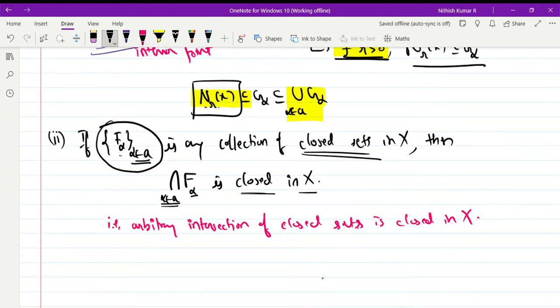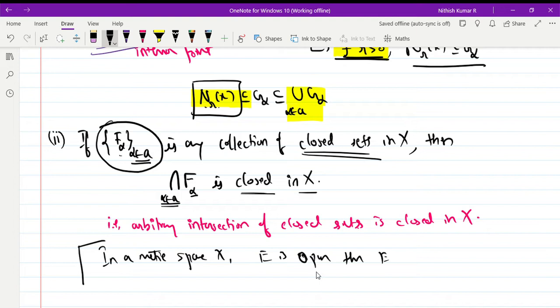Now we have seen a result that in a metric space X, if E is open, then E complement is closed.